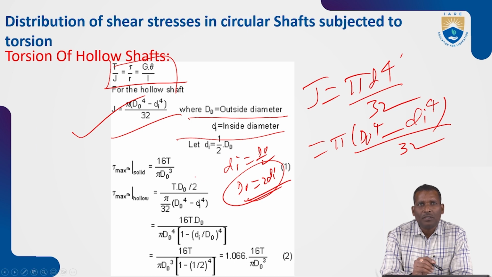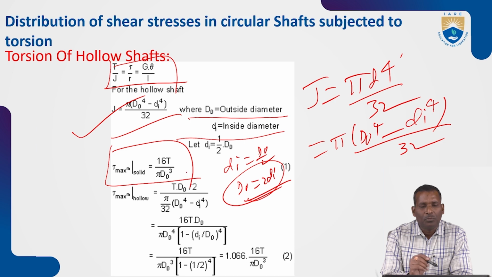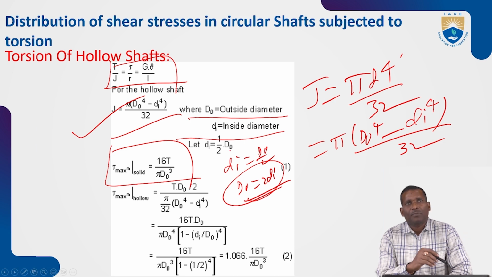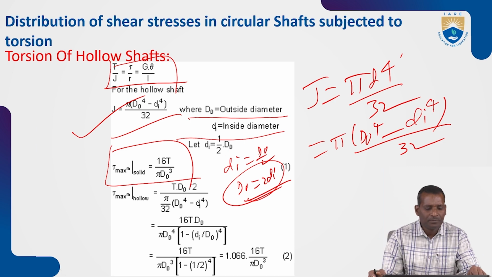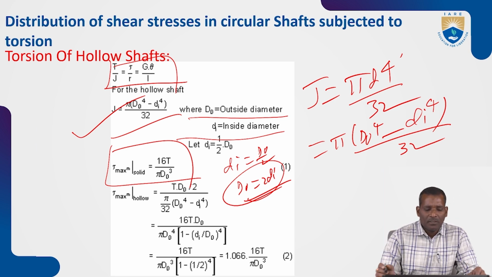The maximum shear stress for the solid shaft is 16T by pi d naught cubed, as we already saw in the starting slides. For the hollow shaft, substitute the T value and J here.